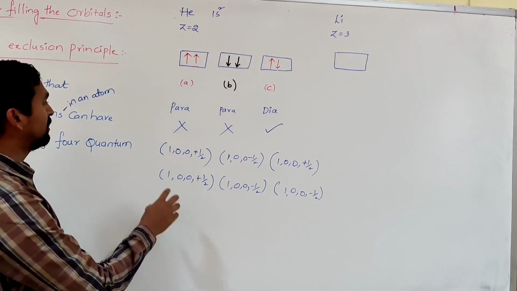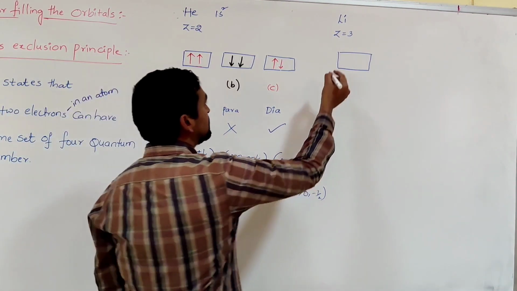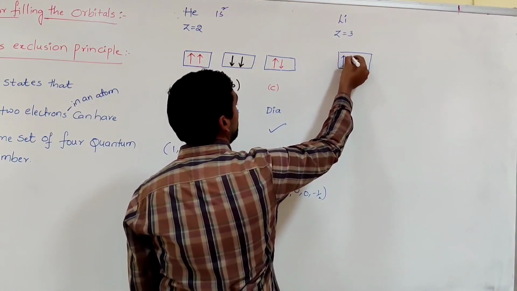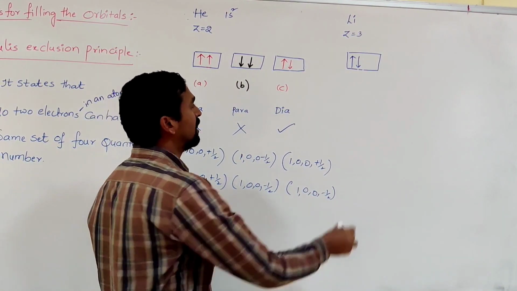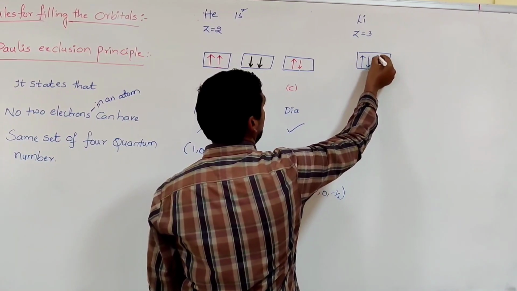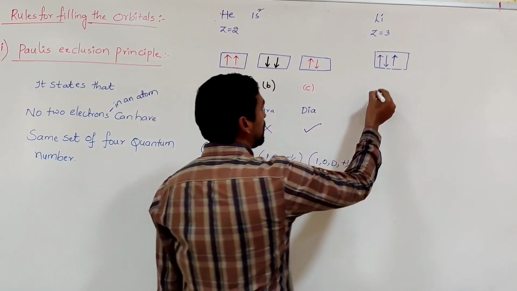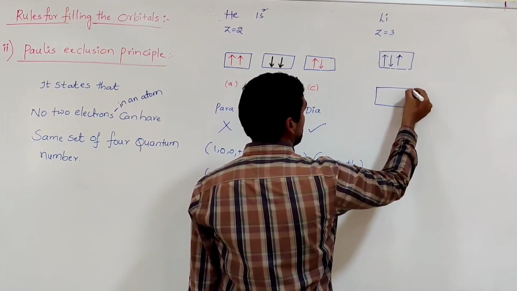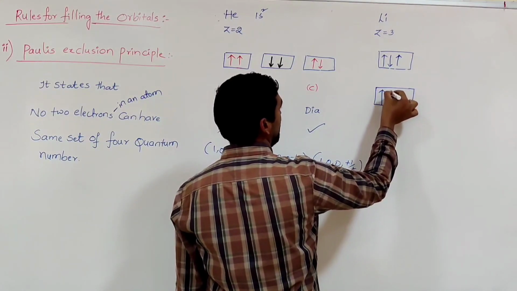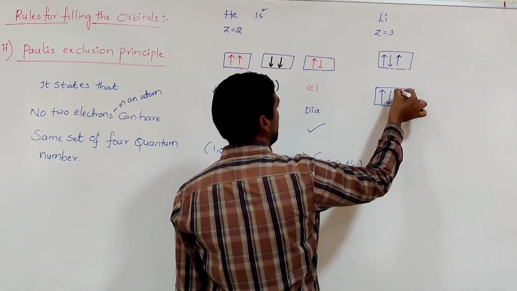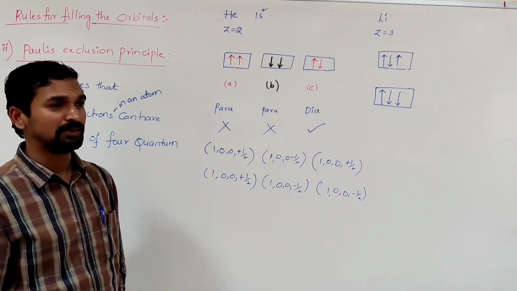In the 1s orbital, we can fill up the electrons like this: first electron with up spin, another electron with minus spin, and the third electron I am arranging again upward, that is with plus spin. Suppose somebody may arrange the electrons like this: the first electron upward, the second electron downward, the third electron also with minus spin. I can arrange like this. So these are the two possibilities I have written.